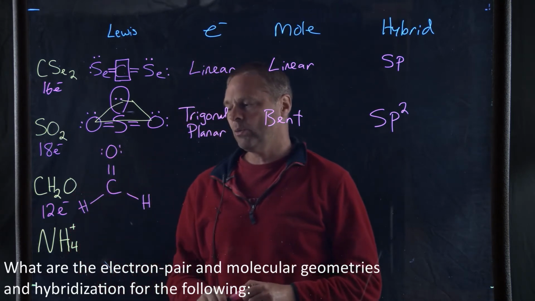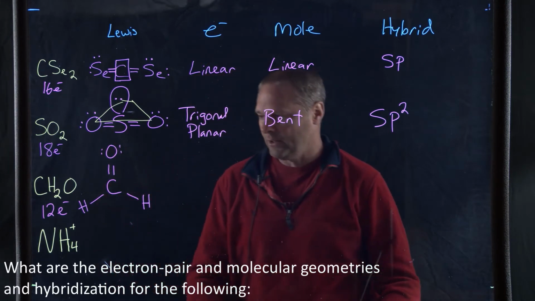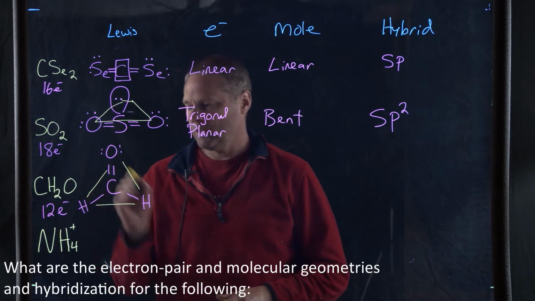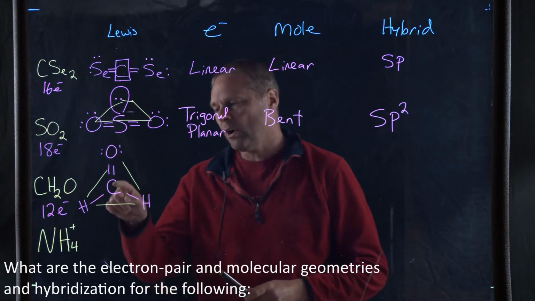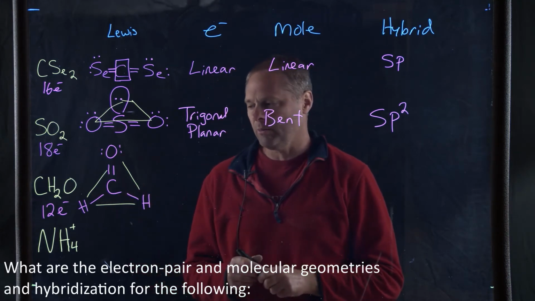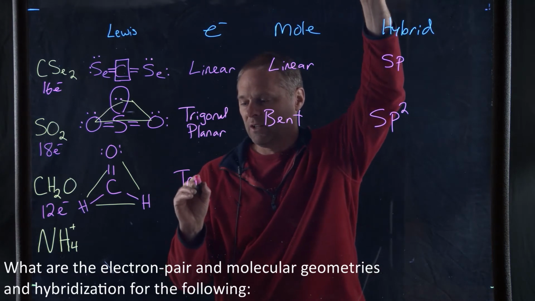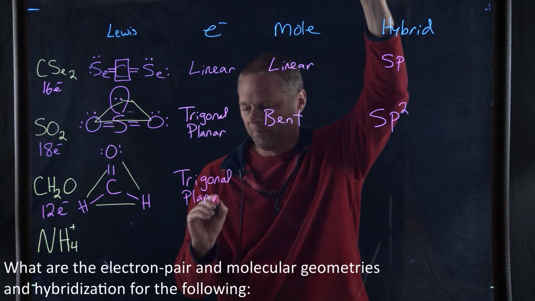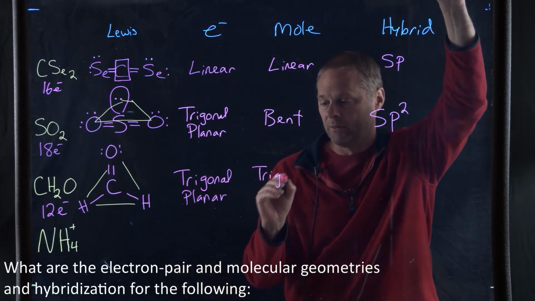So now we have 12 valence electrons. Now this is going to be trigonal planar, so I'll try to draw this a little bit better. That's going to be a trigonal planar molecule. And there are no lone pairs on the central atom, so the electron geometry is trigonal planar, as well as the molecular geometry.